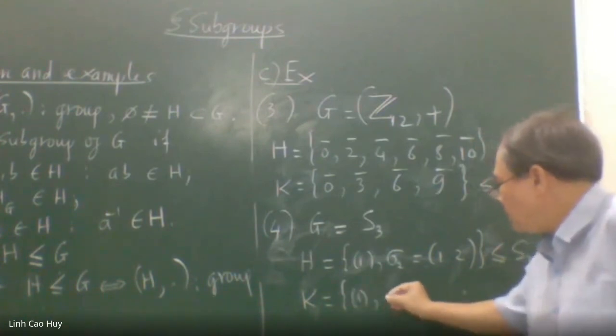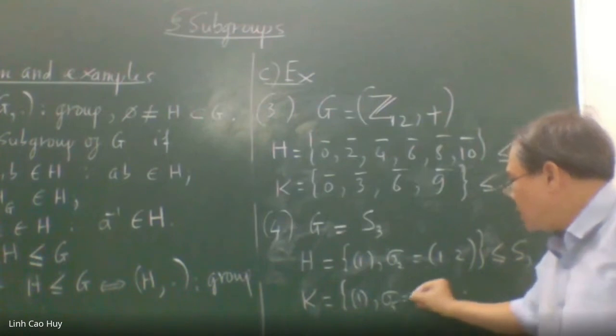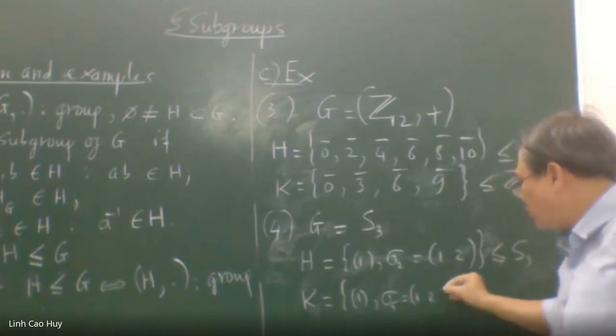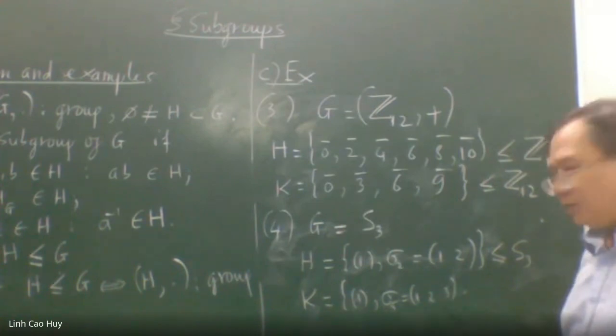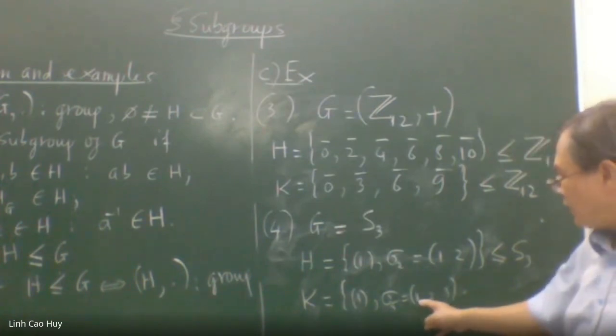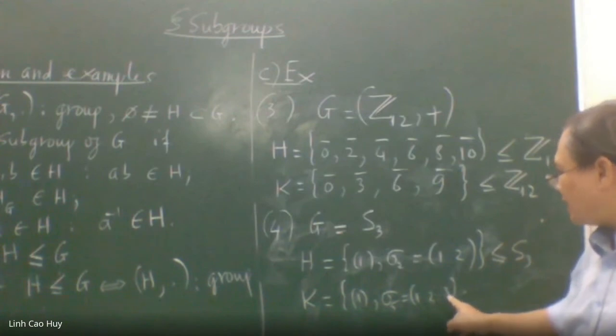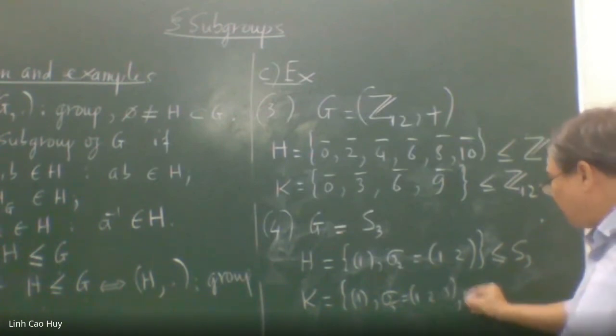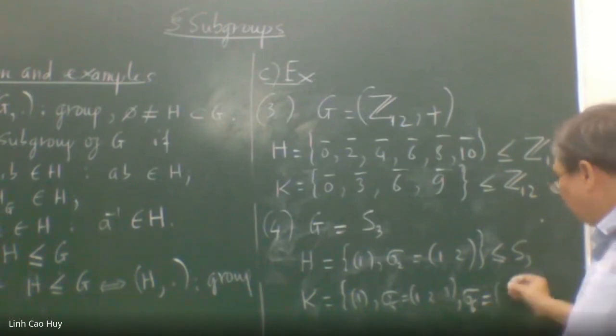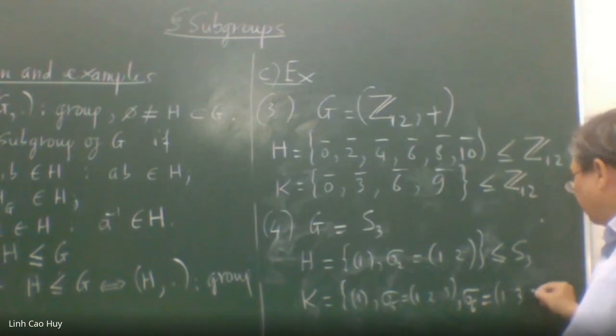The second, sigma 5, the cycle (1 2 3). That means turn 1 equal 2, turn 2 equal 3, and turn 3 equal 1. And sigma 6 equal the cycle (1 3 2).